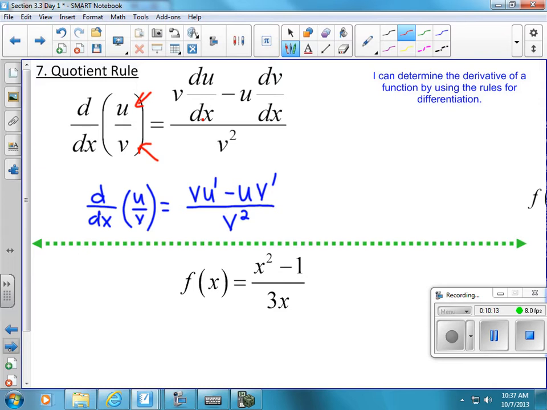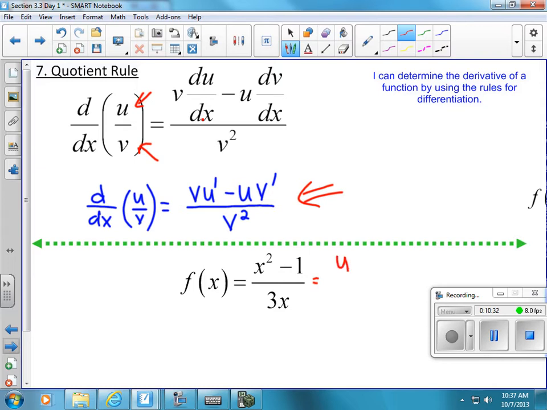All right, so you have to set things equal to u and v and don't get them mixed up. I also like to write this formula using primes as opposed to du/dx, just because it's a few less pen strokes.